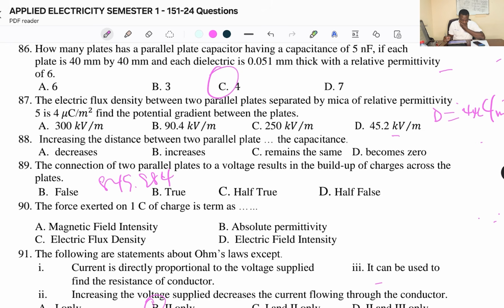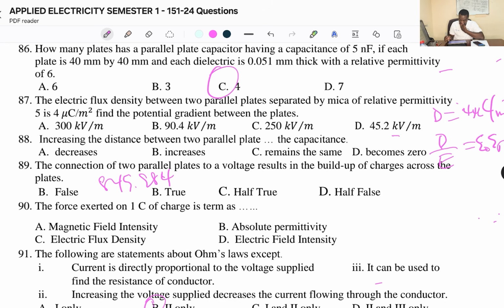All right. So I'm interested in the potential gradient. We know that is the electric field strength between the plates, and that is equal to, we can write this over, E will give us the absolute permittivity, which is relative permittivity times permittivity of free space.